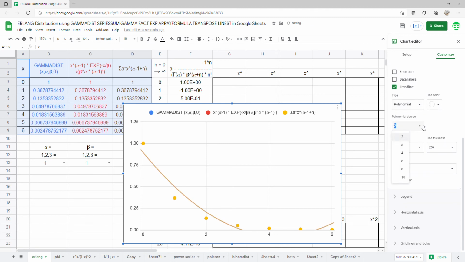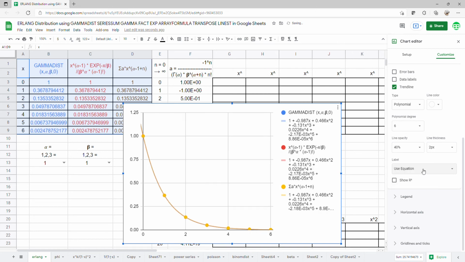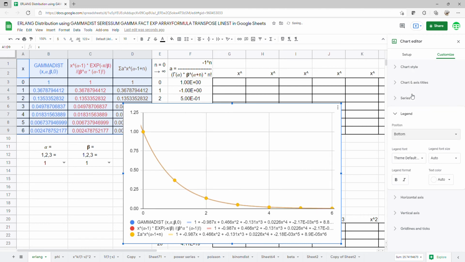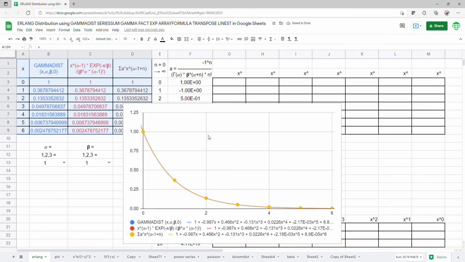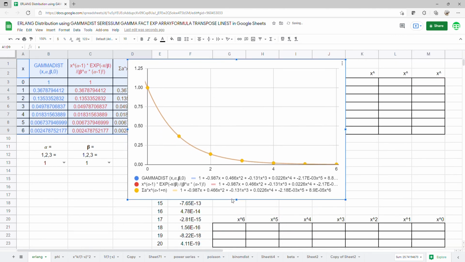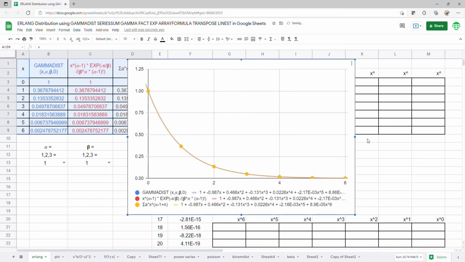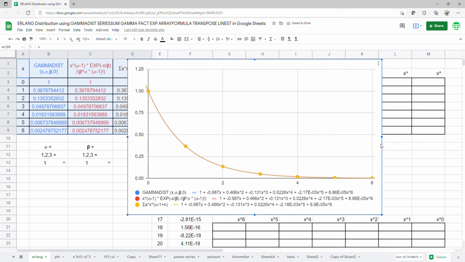The degree, 6. For the label, use the equation. And for the legend, position at the bottom. So here we have the trend line and the polynomial of the gamma distribution and the Erlang distribution and the Taylor series expansion of both.